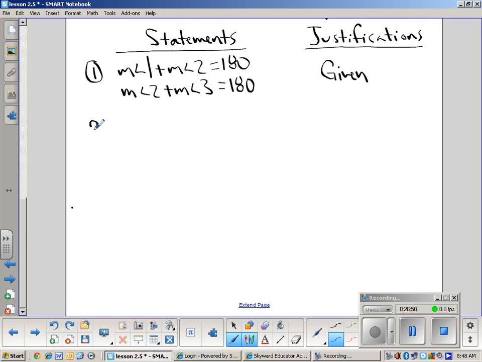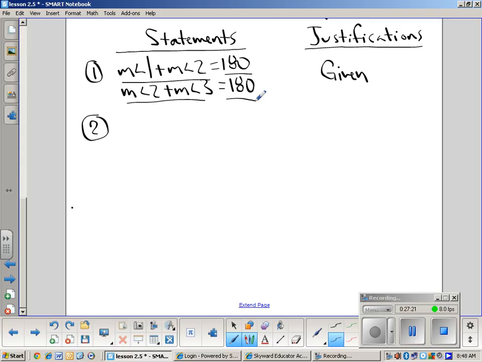Okay? Step 2. Does this statement say that these two equal 180 and these two equal 180? Yeah. So that means both of those pairs add up to 180, right? They're equal to the same number, aren't they? Yep. If A equals B and B equals C, then does A equal C? Yeah.